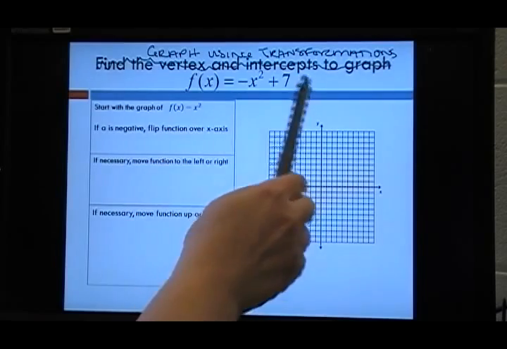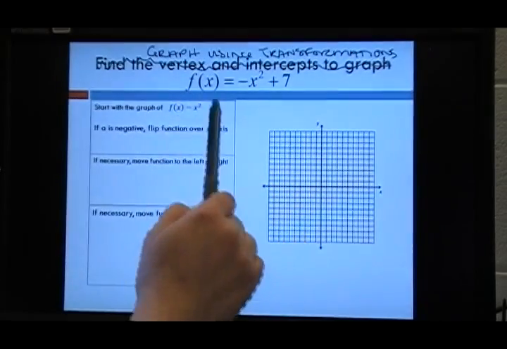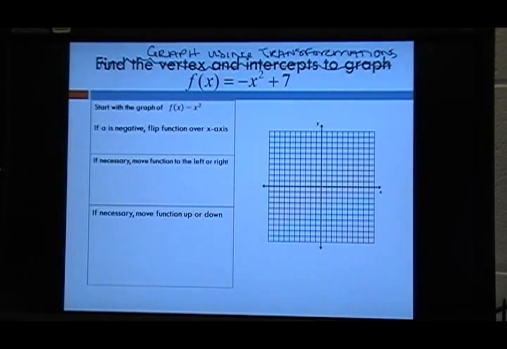And so since this is a quadratic function, we would start with the basic quadratic. And again, we can only graph using transformations if we can get our function into the form f of x equals a times the quantity x minus h squared plus k.